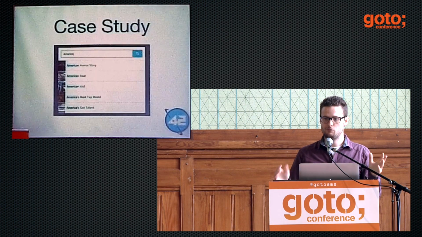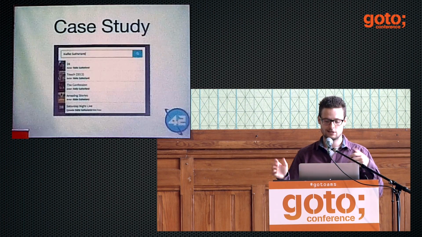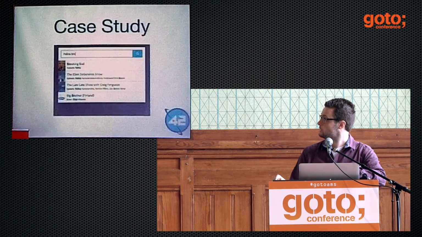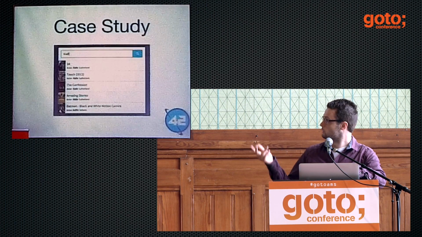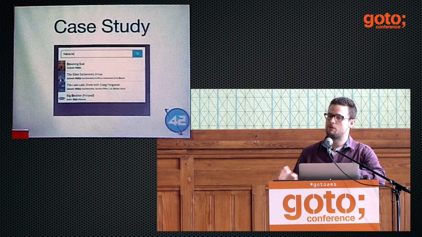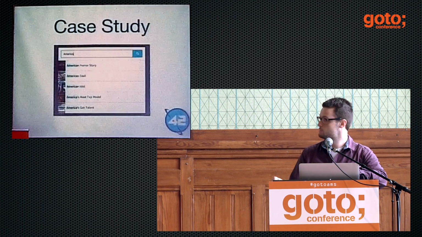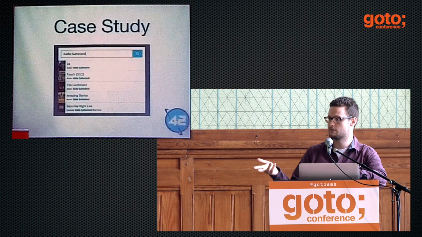So now I want to move from the pseudocode into the real RxJS code. And what I want to do is take another case study, and this time look at an autocomplete example. So everyone knows what an autocomplete does. You type in a query in a search box. It sends it to the backend, and the backend will provide you with suggestions.